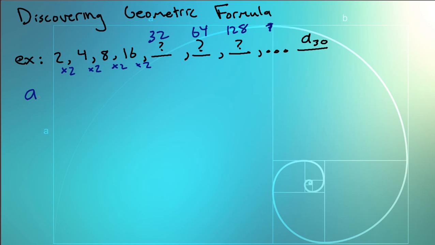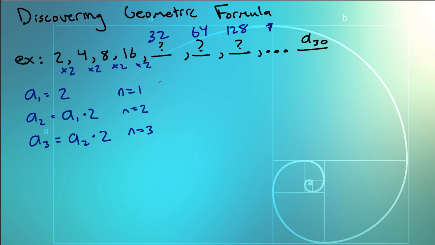On my first term, I just start with 2, right? And that would be term number 1, n equals 1. And then a2 is a1 times 2, because I multiply by 2, and that's our second term. Now I multiply by 2 1 time. And then a3 is a2 times 2, the previous term times 2, that was n equals 3.